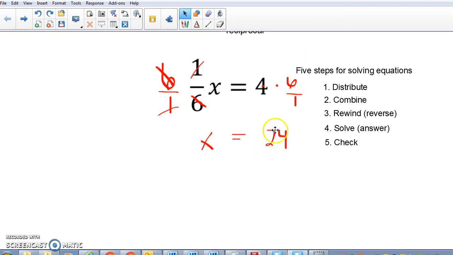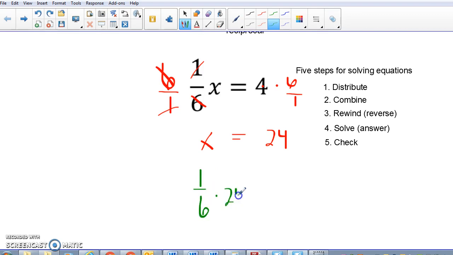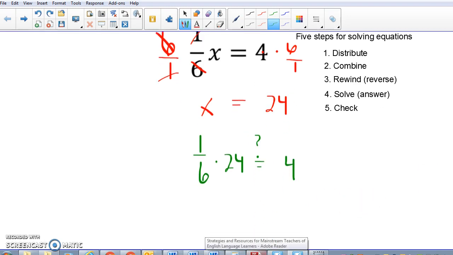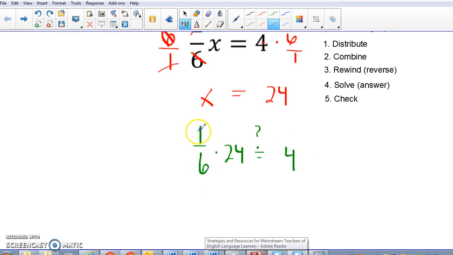Now it's time to check. I take this 24 and plug it back into the original equation. 1/6 times 24. I'm hoping it equals 4. If you don't know how to work with fractions, I just multiply the top by this whole number. So 1 times 24 is 24.